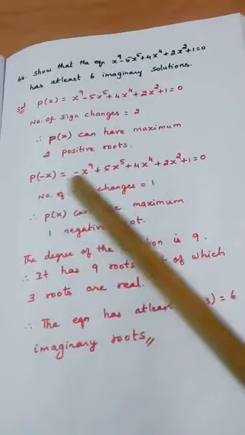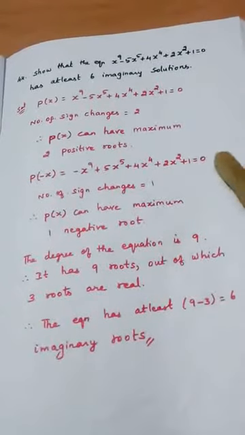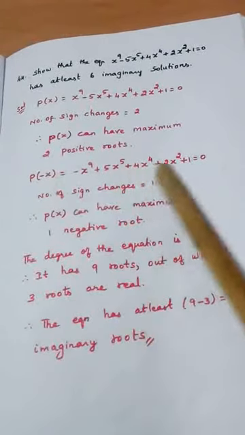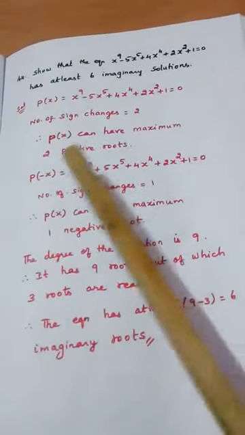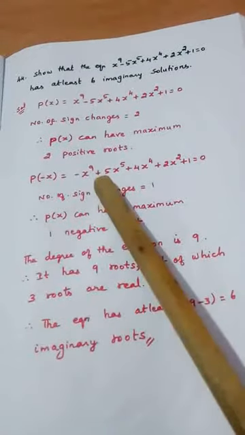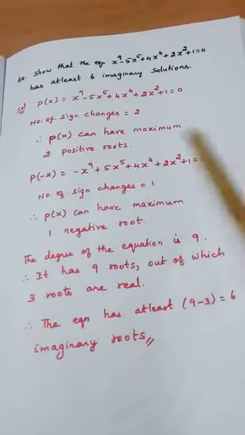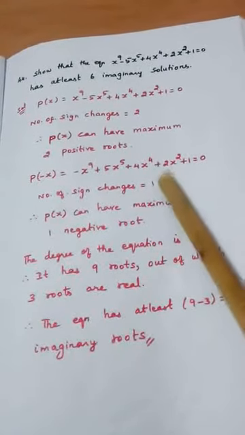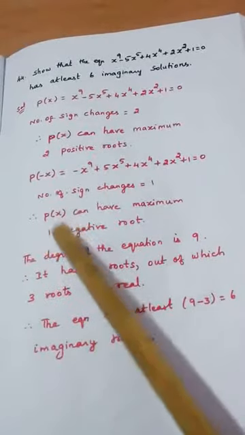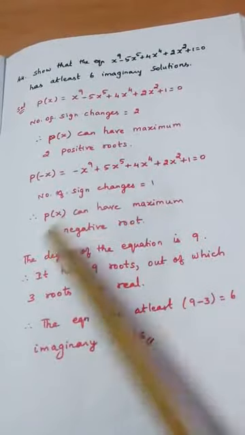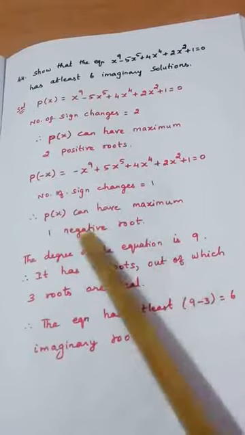So this is nothing but p of minus x. Now I am going to calculate how many sign changes are in p of minus x. If you see, minus to plus, 1 sign change. Thereafter no sign change. So only one sign change is present here. So I should say p of x can have maximum of only 1 negative root.